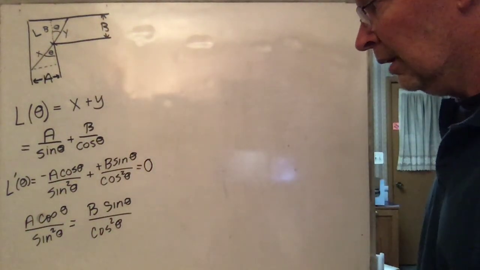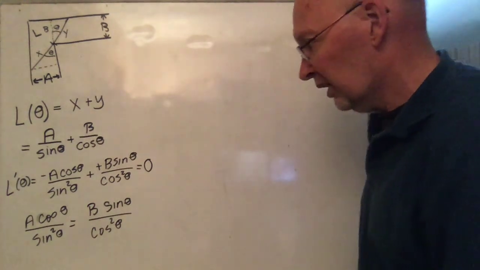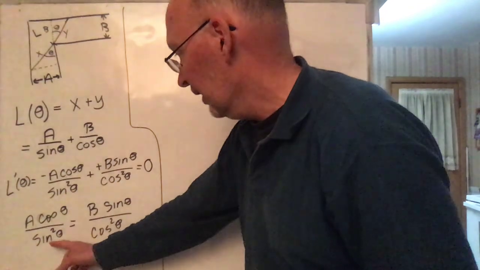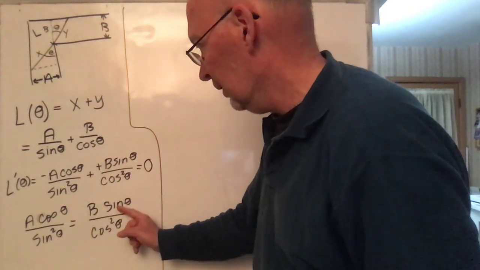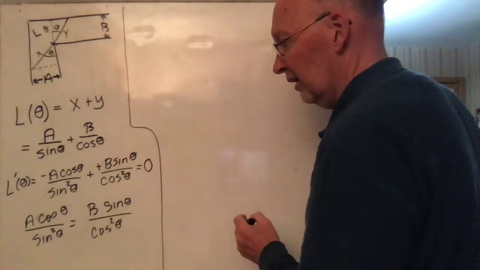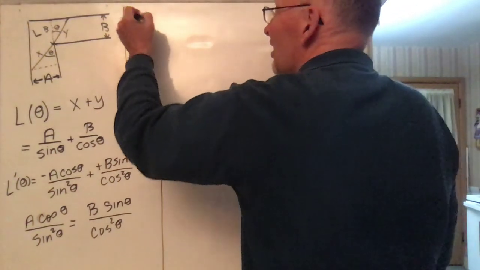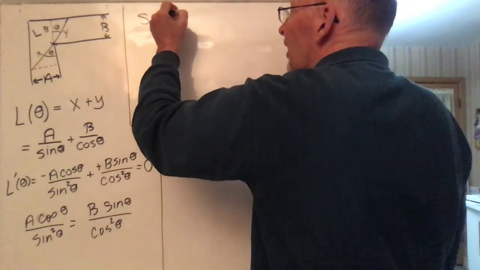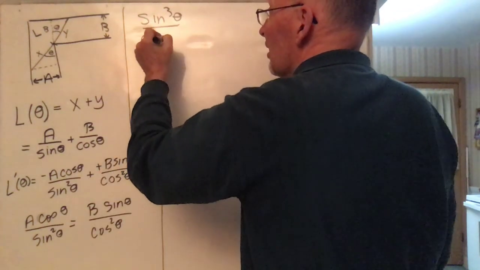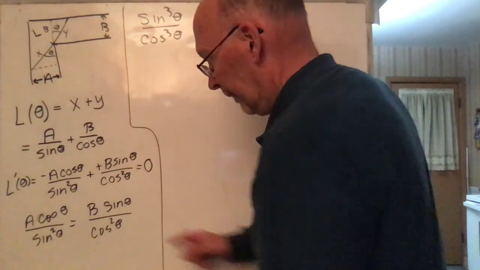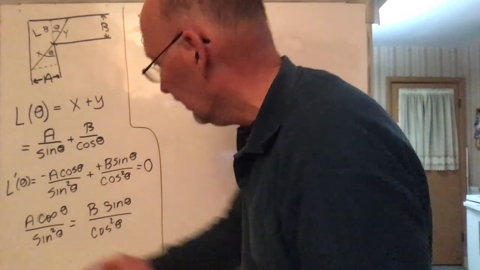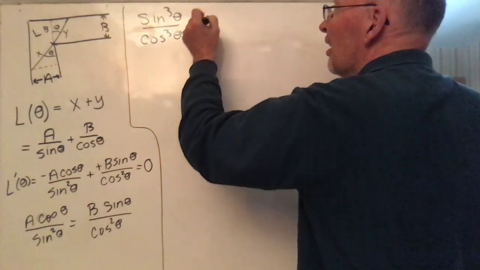So now let's see, what can we do? Let's bring sine squared up here, and divide both sides by cosine. And so we're going to end up with sine cubed of theta over cosine cubed theta, and let's bring the b down there, is equal to a over b.